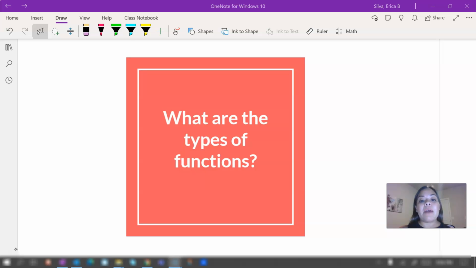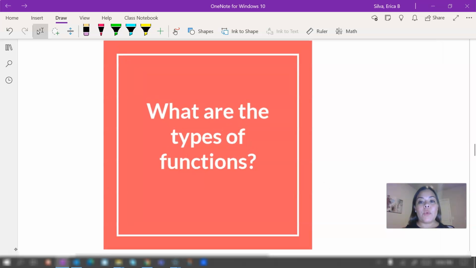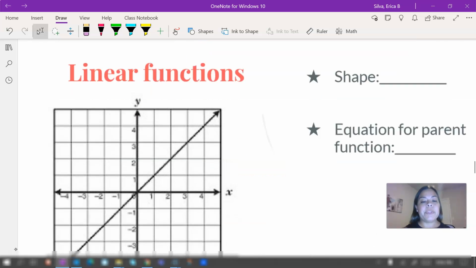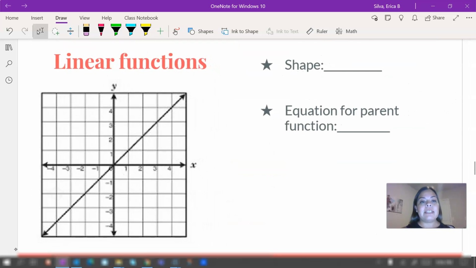We're going to be looking at what types of functions we're going to be working with throughout the school year. So the first one is linear functions. Now, if you notice, the word linear has the word line in it. So obviously we can describe it as a line. And if you want to be specific, you can say it's a straight line.